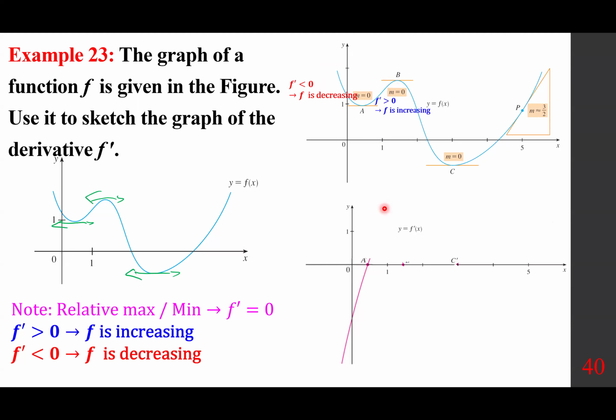That means you go above the x-axis. However, it's 0 here, it's 0 here. You go up, but you have to come back at some point. We may not know exactly at what point, but the fact of the matter is this corresponds to 0, this corresponds to 0. Now, this part is also decreasing.